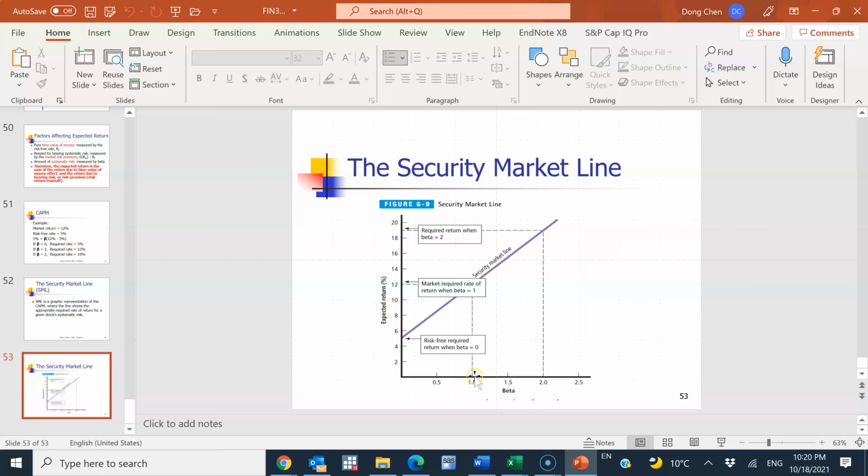And then the second point that every security market line has to cross is that when beta equals 1, and when beta equals 1, we know that this means the market portfolio, right? So when we have a market portfolio, the return should also be the expected return on the market. So the second point that every security market line has to cross is that when beta equals 1, the expected return on the vertical axis should be the expected return on the market portfolio.